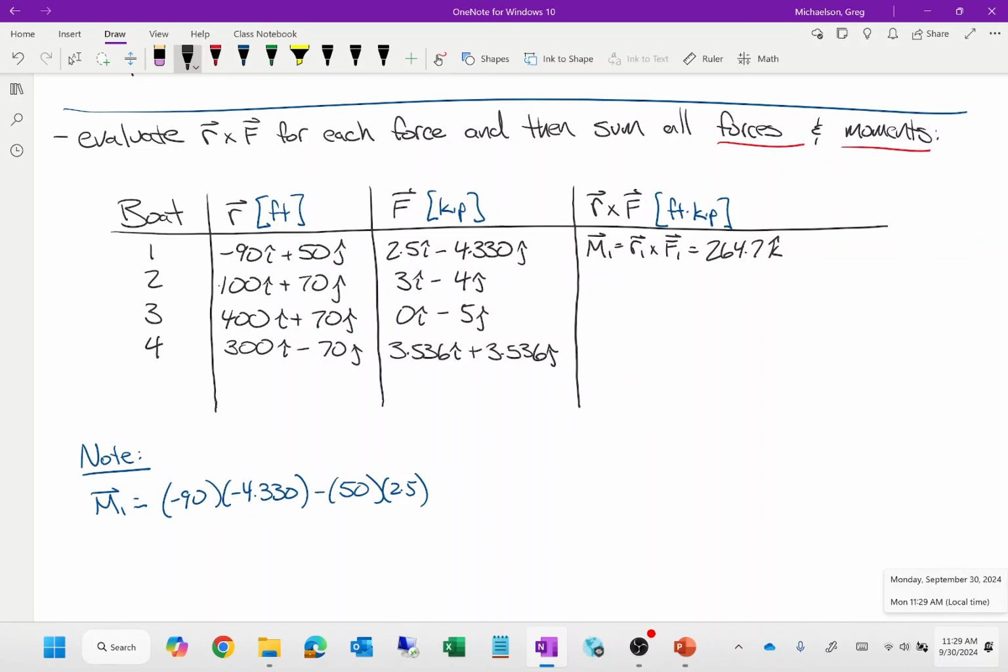Okay. So, let's see if y'all can help me out with this. What are we going to get for M2? Okay, what about M3? And what about M4?